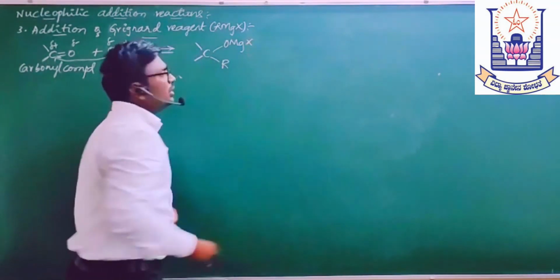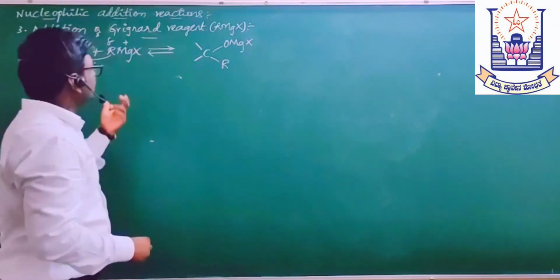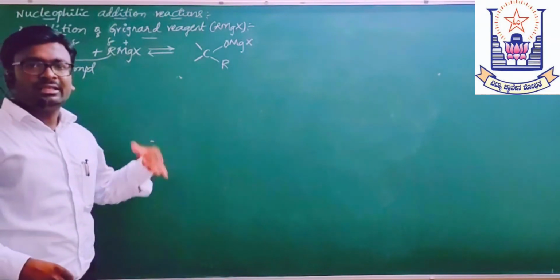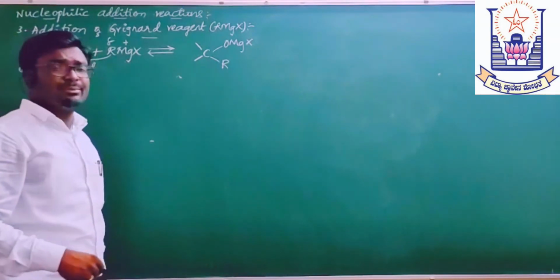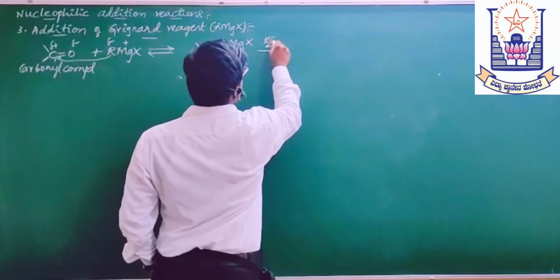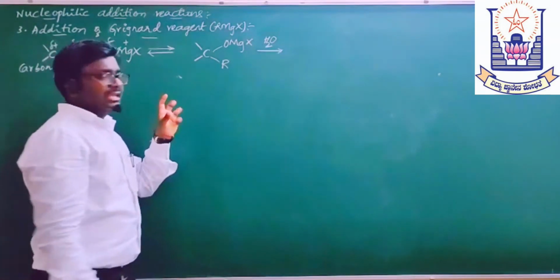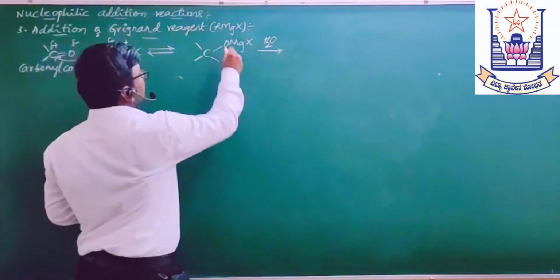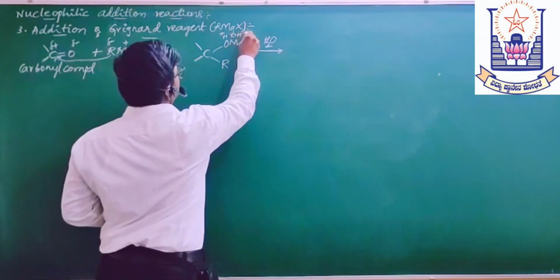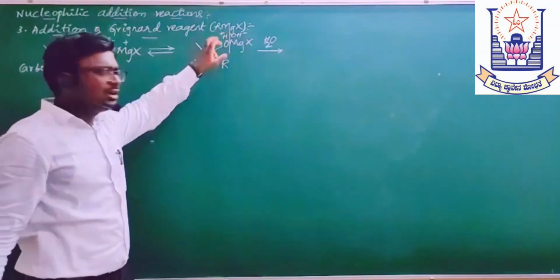Now it will be OMgX. What is this called? Adduct means the product obtained after addition. It is the intermediate. When it is hydrolyzed, that means when H2O is added to this, the H plus ion will add here and OH minus will add like this. So what you are getting is OH, that is alcohol.